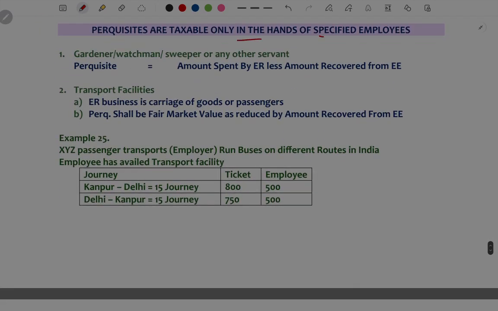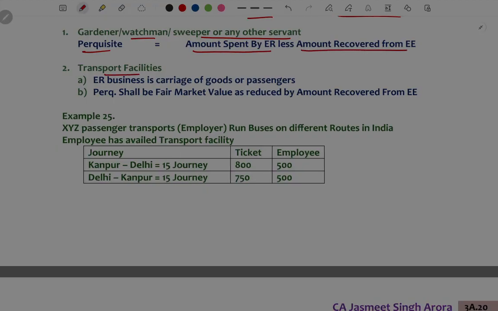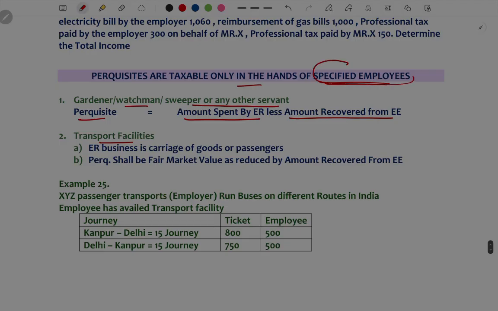Perquisite is taxable in the hands of specified employees only, for gardener, watchman, sweeper, or any other servant. Perquisite is the amount spent by the employer less the amount recovered from the employee. What are specified employees? A whole-time director or one whose income is greater than 50,000 would be a specified employee.